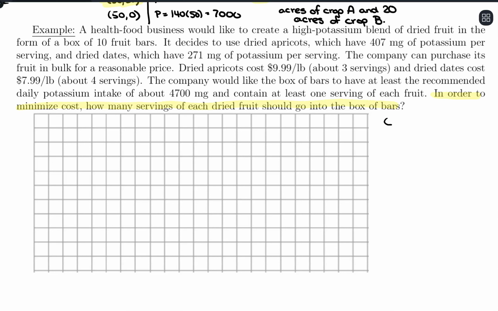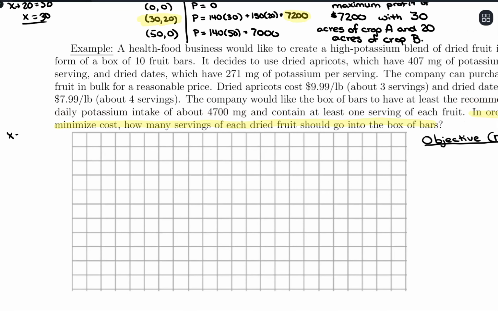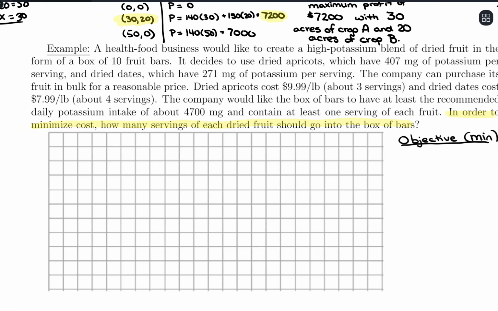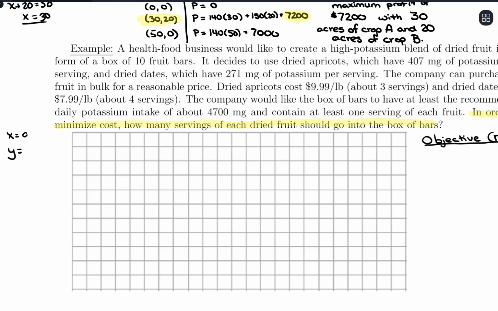So our objective function is we want to minimize cost, and we want to calculate the number of servings of each dried fruit. So we're going to have x and y, each being servings of apricots and dates. So let's do x is apricots and y is dates.